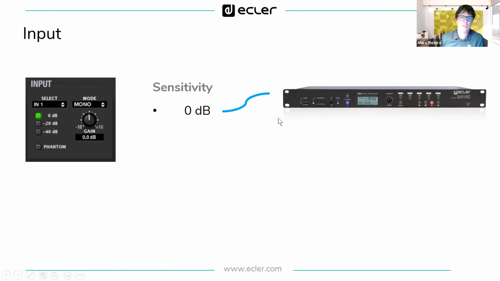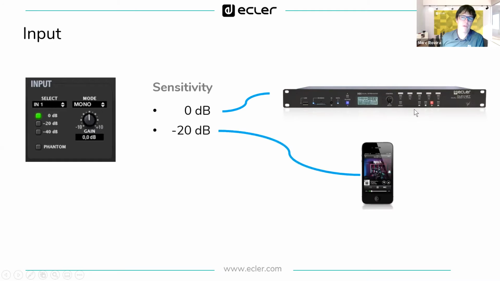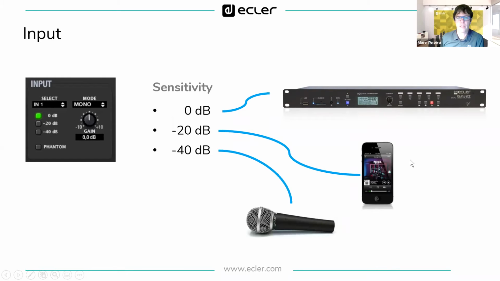Sensitivity: 0 dB for professional devices, minus 20 dB for domestic devices, and minus 40 dB for microphones. And you've got a gain to adjust between minus 10 and plus 10, so you can adjust the sensitivity here in bigger steps, and then fine tuning here.